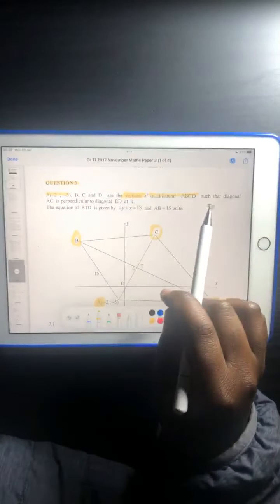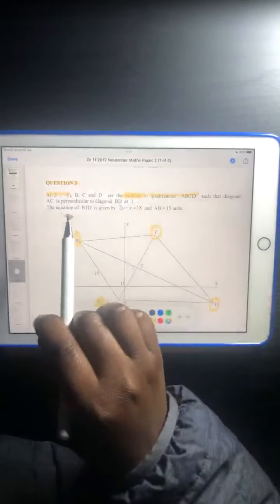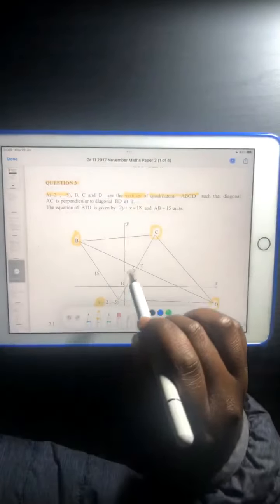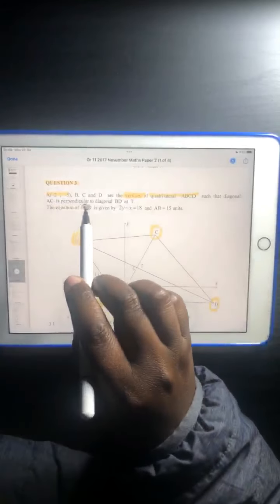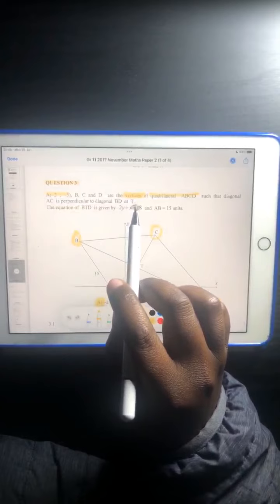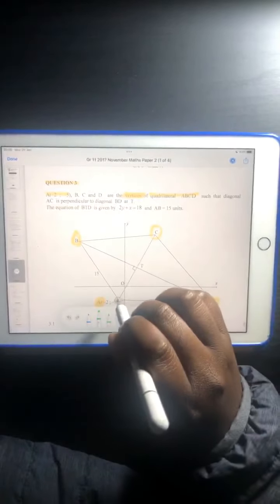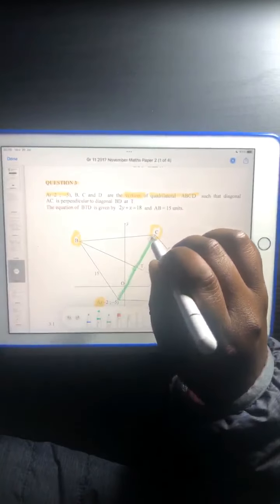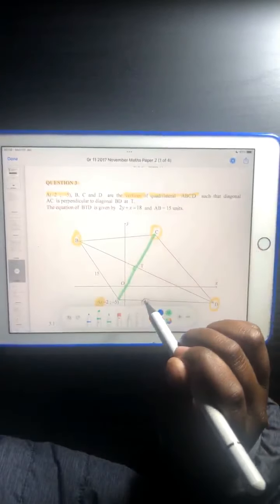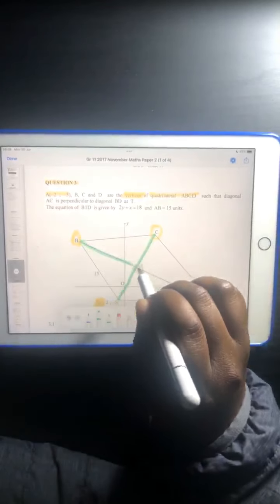The vertices of a quadrilateral are such that diagonal AC, where's AC? There is AC, is perpendicular to diagonal BD at T. Okay, I'm noticing something. So they are saying diagonal AC is perpendicular to diagonal BD.